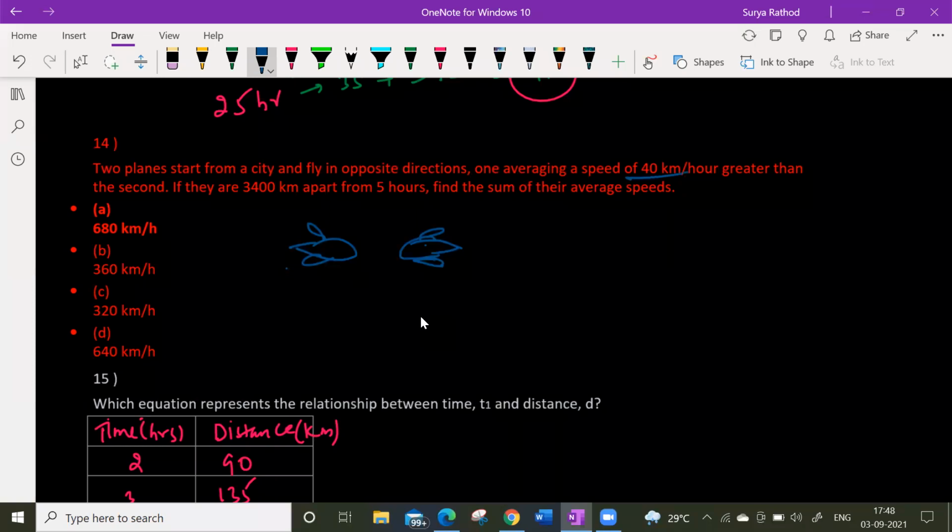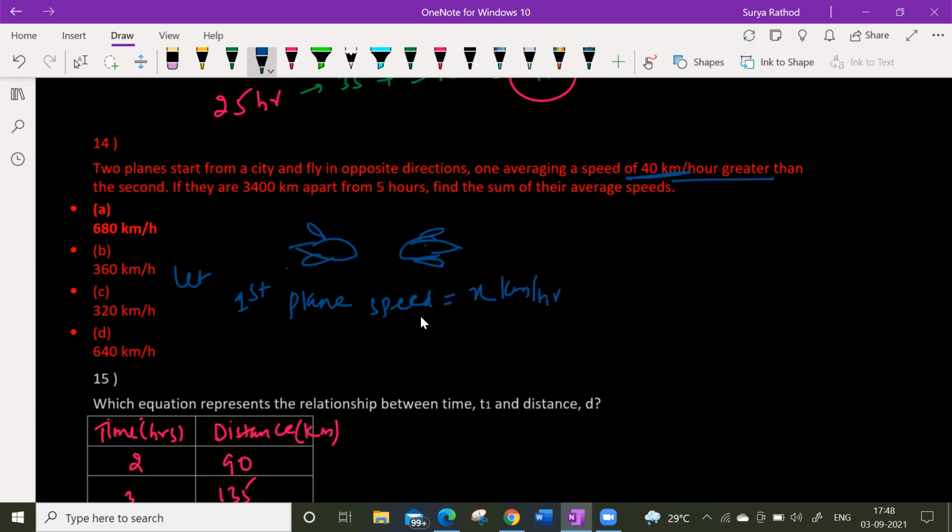The speed of one plane on average is what? This one is 40 greater than that. So let the first plane speed be x km/h, I do not know.